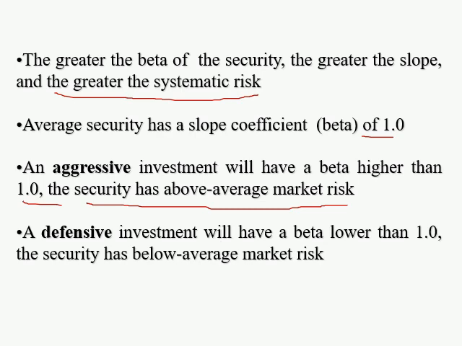That means this investment will have a beta lower than 1. The security has below average market risk. The average market risk is 1. So if I have an investment with beta more than 1, that is an aggressive investment. And if I have an investment with beta lower than 1, what do I call this investment? I call it a defensive investment.